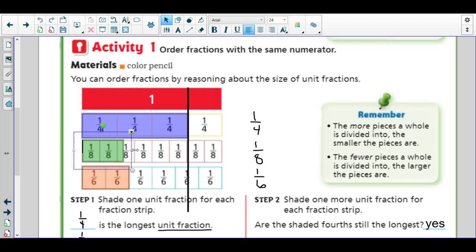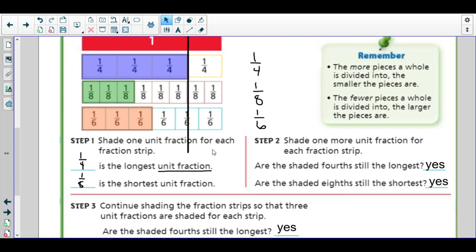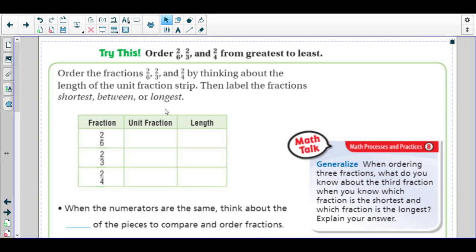Add another, and then add another. That is how we can look at that when we have the same numerator, the same top number. Okay? All right, let's move to the next example here.